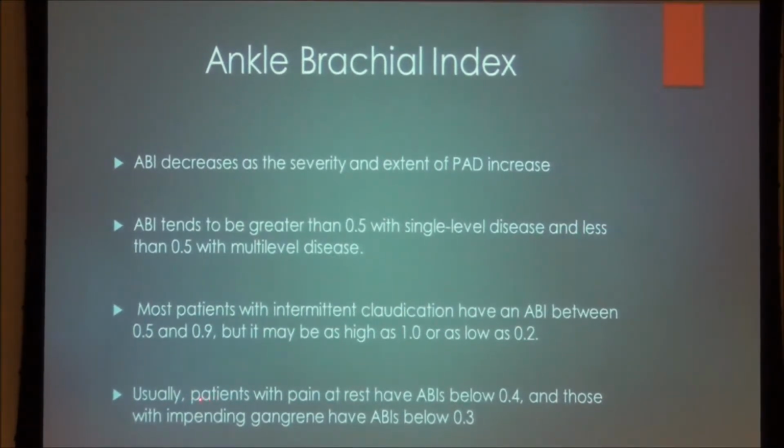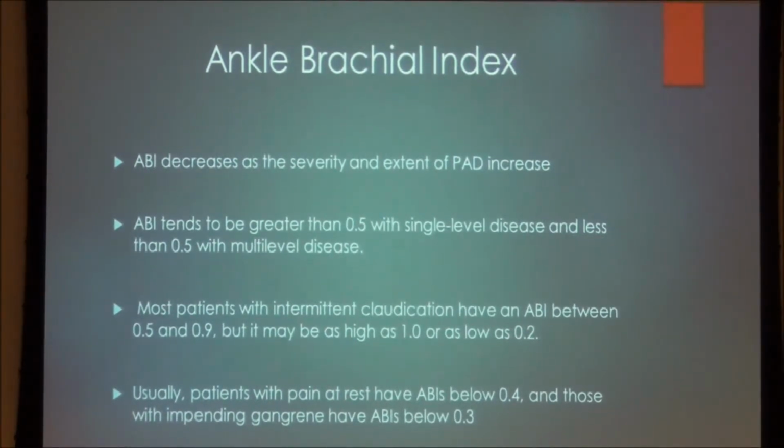And patients who have rest pain usually have an ABI less than 0.4, which means they are in critical ischemia, and those who are getting gangrene have ABIs below 0.3.